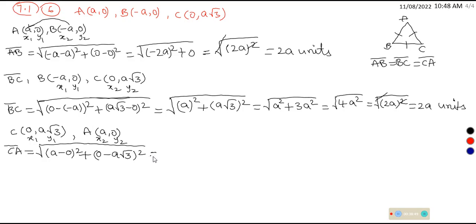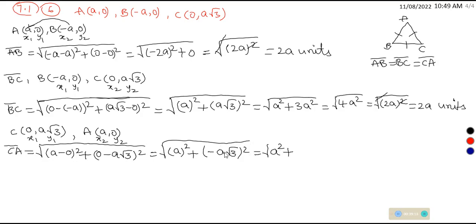That is equal to root of 0 minus a whole square plus 0 minus a root 3 whole square. Now again same concept, so root a square only. This square is for minus a, and this square is for a and root 3.